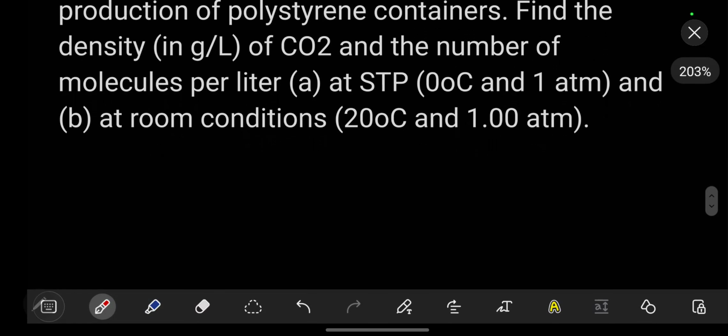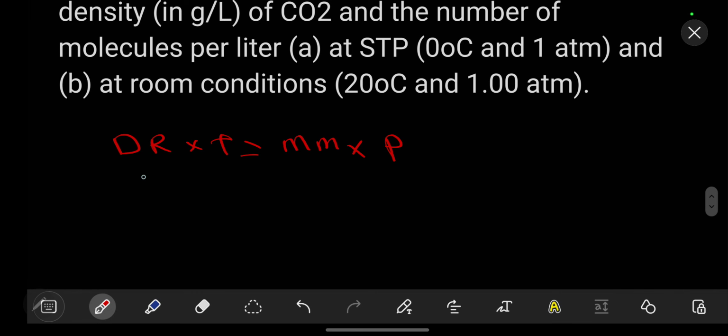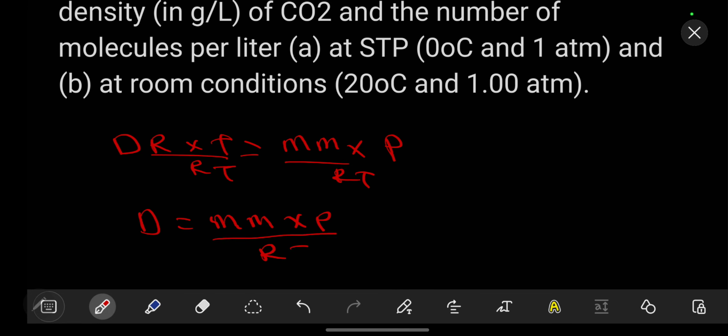So we want the density. If you remember the formula that we derived for density, density times R times T should be equal to the molar mass times the pressure. To find the density, we divide by RT. So density should be equal to the molar mass times the pressure over RT.